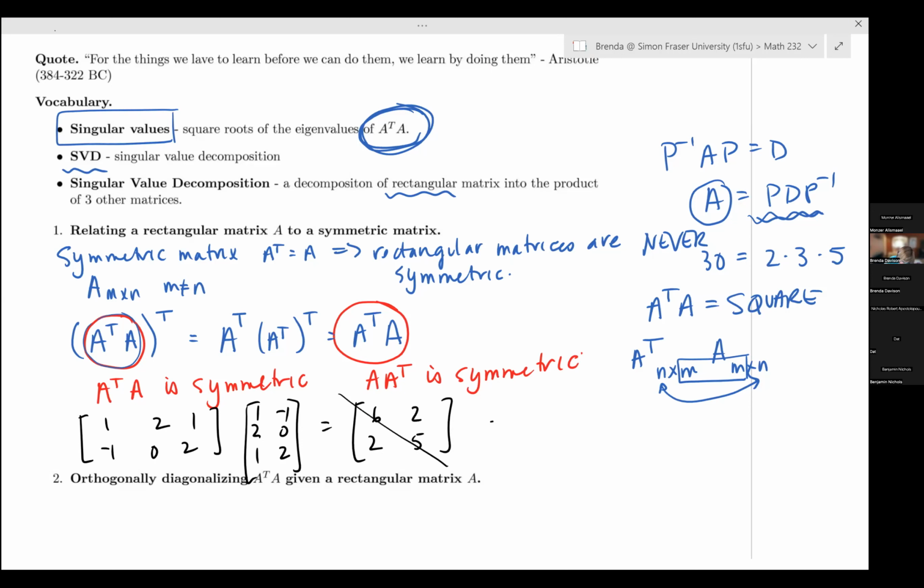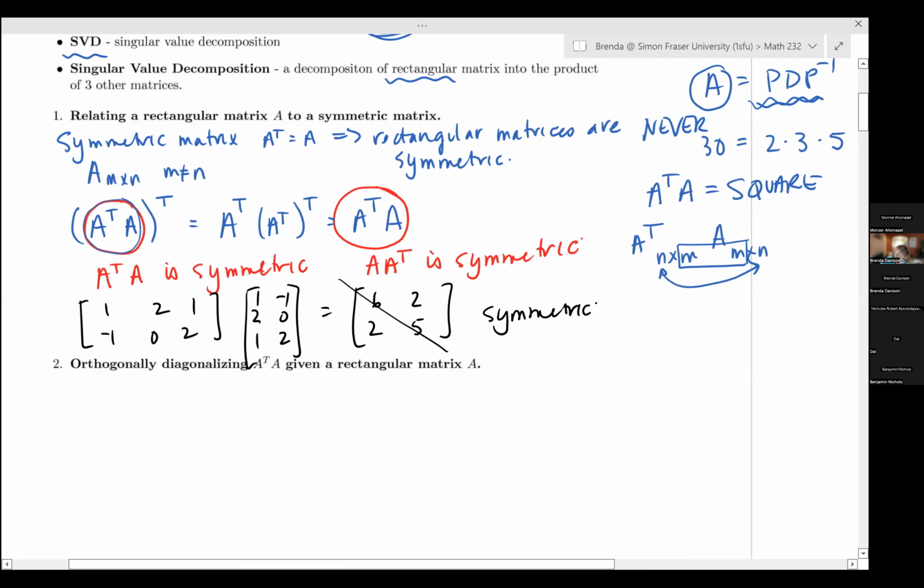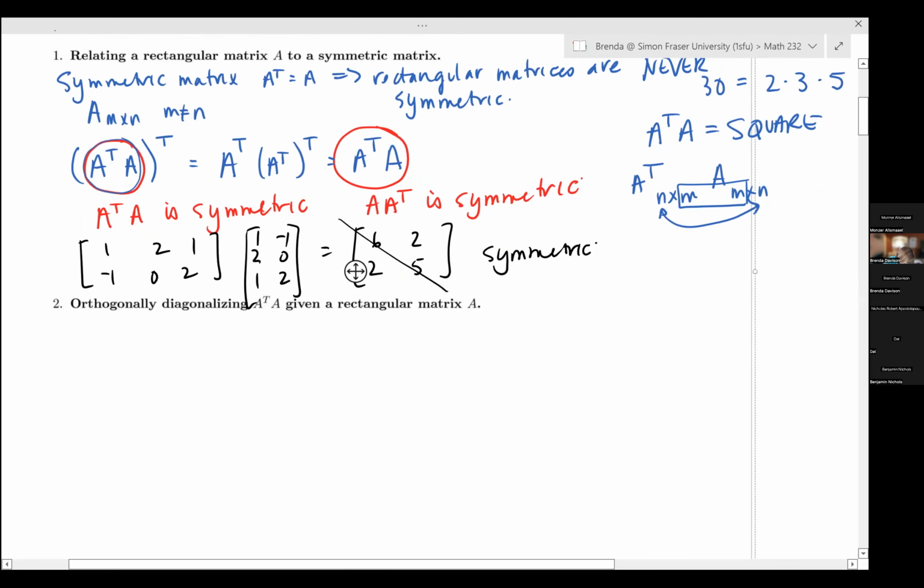Symmetric. So now we have A, which is rectangular and which we can't diagonalize. We multiply it by its transpose, we get some other matrix, and now we're in the situation where we already know how to orthogonally diagonalize A transpose A.